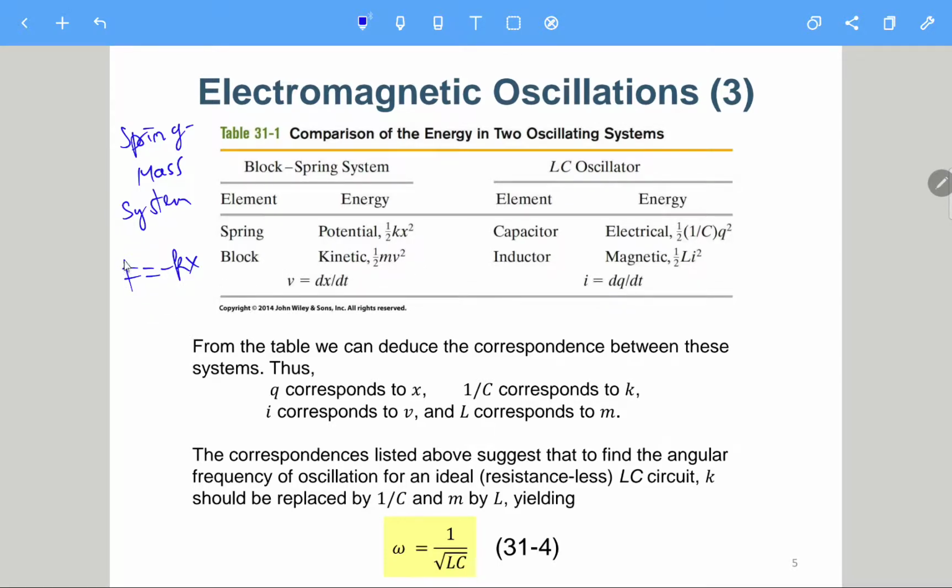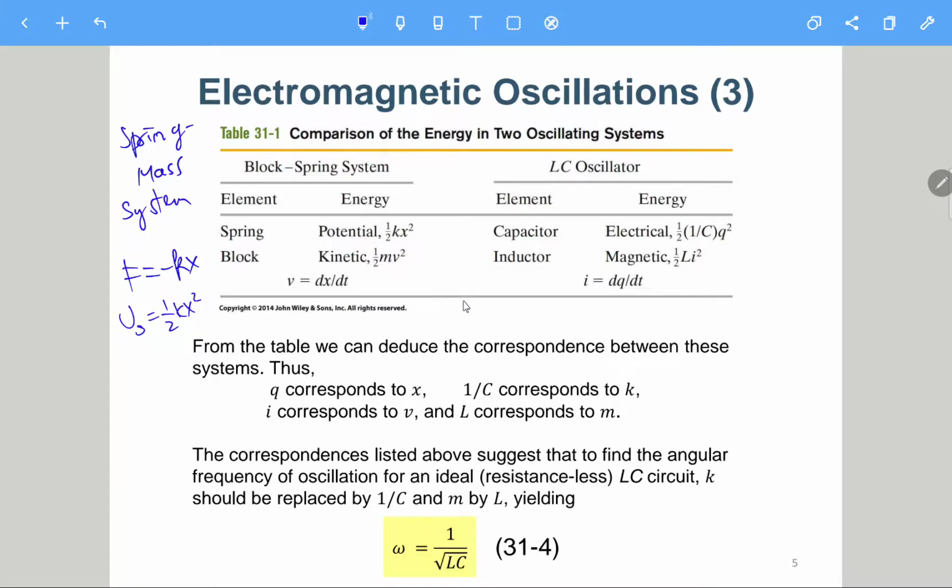For the potential energy of the spring, U spring should be 1/2 kx squared. And for the block, the kinetic energy is 1/2 mv squared, which you should have known. The first derivative of the displacement is the velocity, v equals dx/dt.